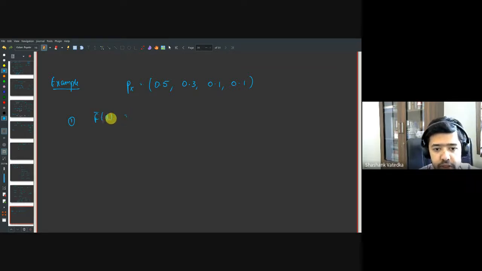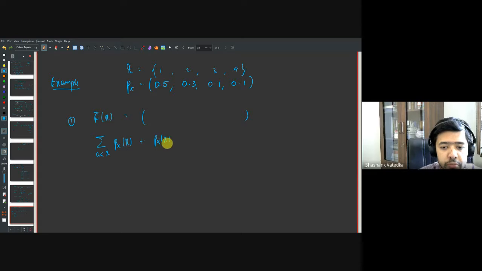For each of these symbols, 1, 2, 3, and 4, which is my alphabet, I want to find f bar of x, which is the summation over a strictly less than x of p of a, plus p of x divided by 2.